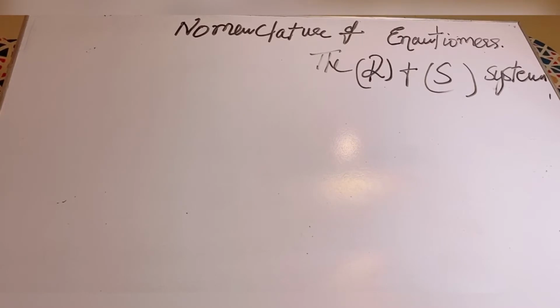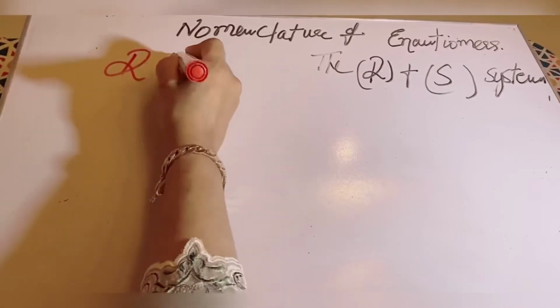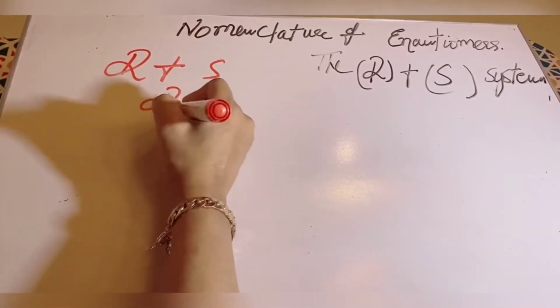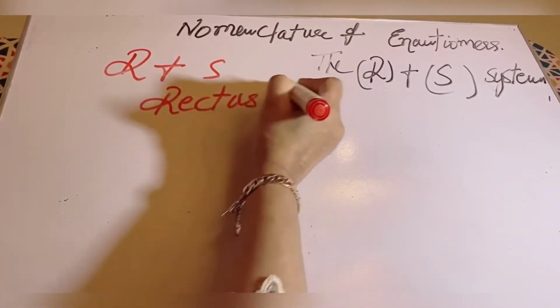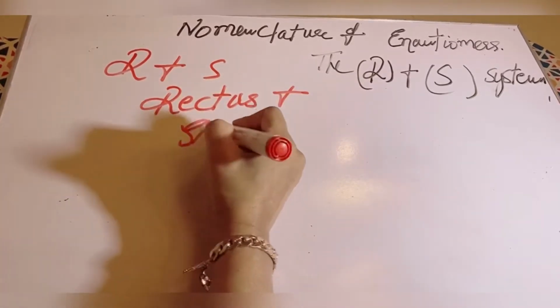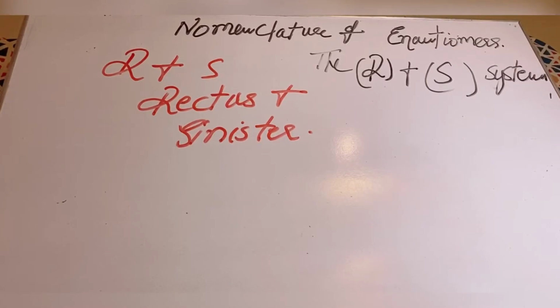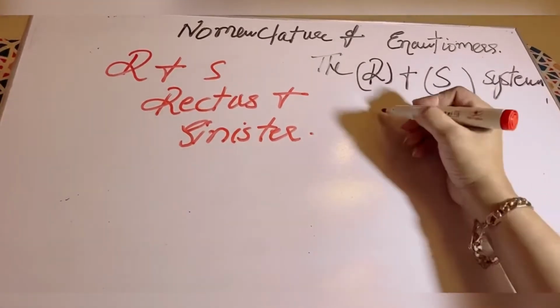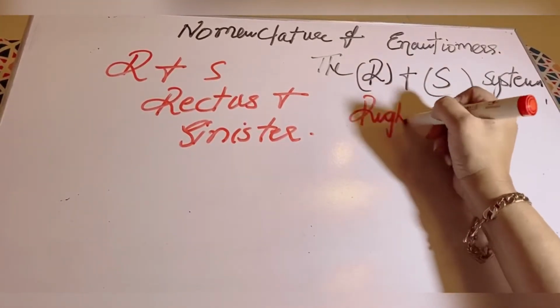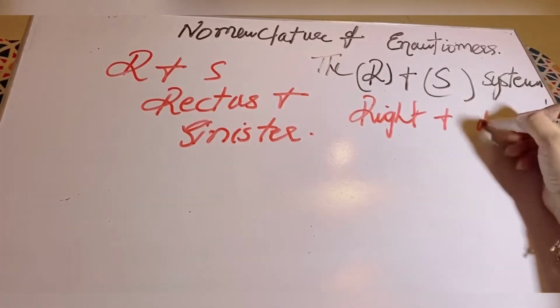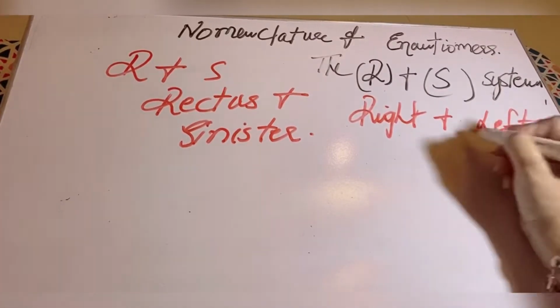Now today we are going to discuss the nomenclature. As I mentioned, R and S stand for rectus and sinister, which means right and left, right?